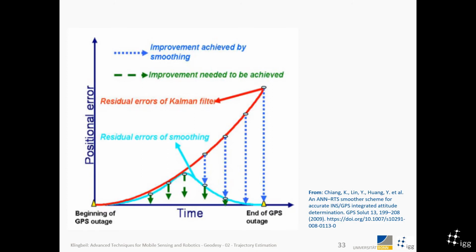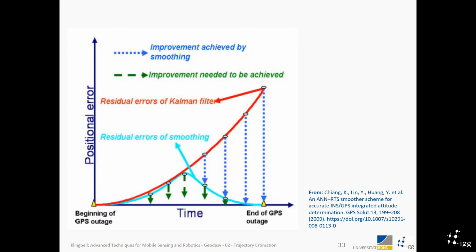Okay, where are we now? Now we have talked about strap-down integration, which can be used to get position and orientation based on starting values. And we've seen how this information can be fused with GPS readings in order to get a non-drifting, better trajectory.